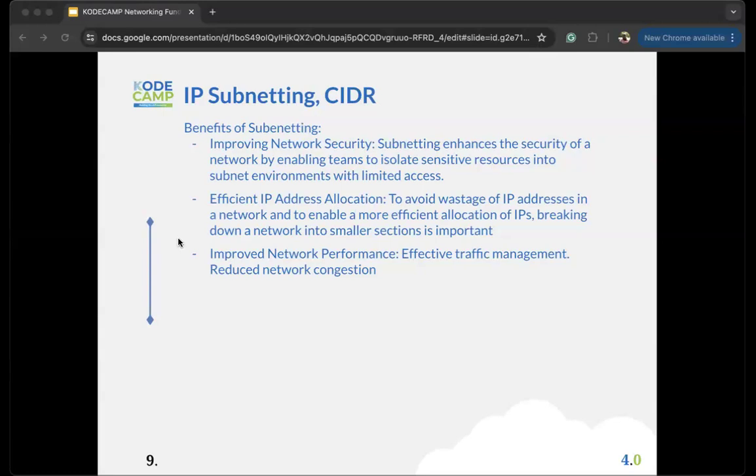Breaking down your network is important for creating a better system of managing your IP addresses within your network. And it also improves the performance of networks because you can now reduce congestion within your network by creating different smaller networks that can now work with specifically.